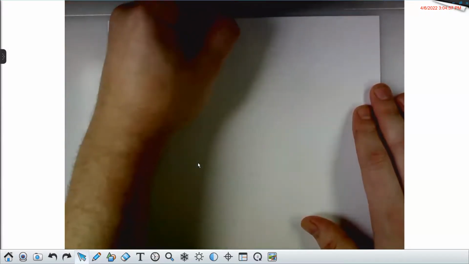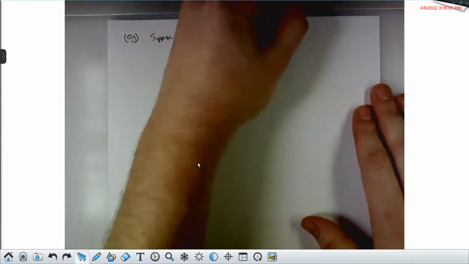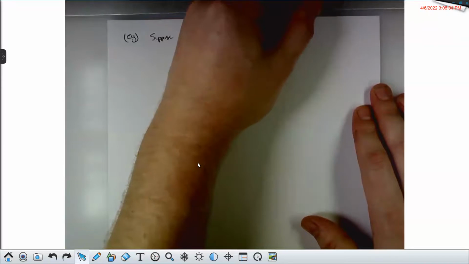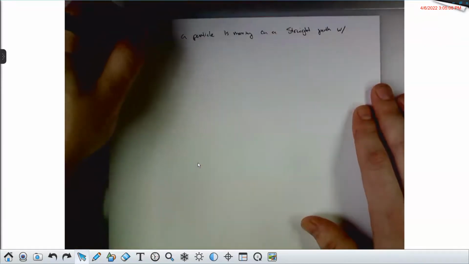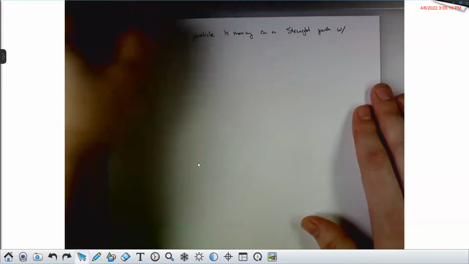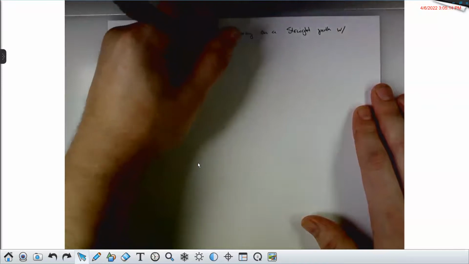Suppose a particle is moving on a straight path with velocity v of t equals, let's just say, t minus 2.